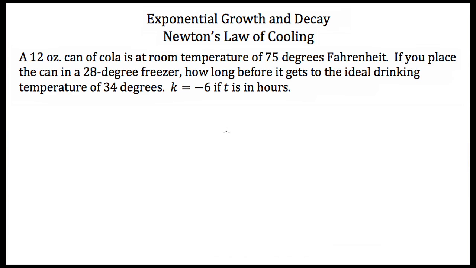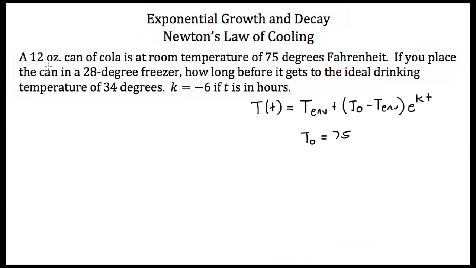Well, we have to go back to our equation where the temperature of our object at time t is equal to the temperature of the outside environment plus the initial temperature of our object minus the temperature of our environment, times e to the kt. We know that the temperature of our object initially, or T naught, is equal to 75 degrees, because our can of cola is at 75 degrees to start with.